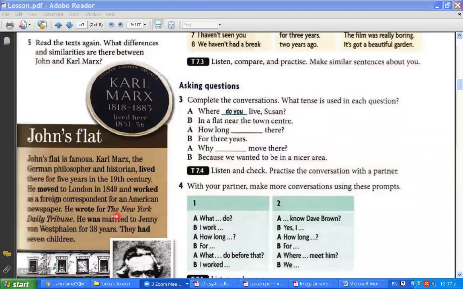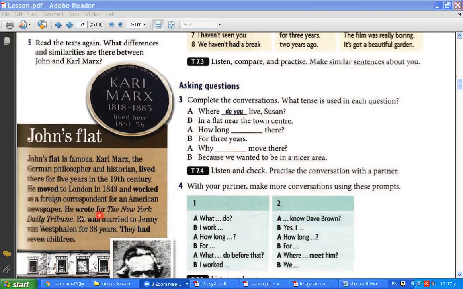Yes, teacher. So Noor, tell me about Karl Marx. He moved to London or to Paris, and what did he do there? He moved to London in 1849 and worked there for an American newspaper.